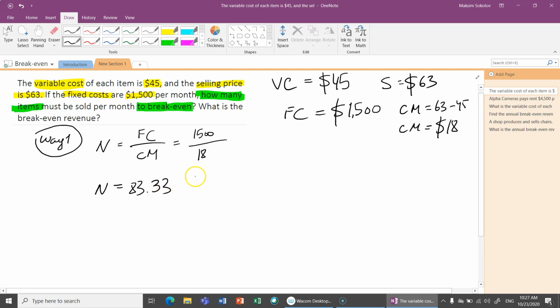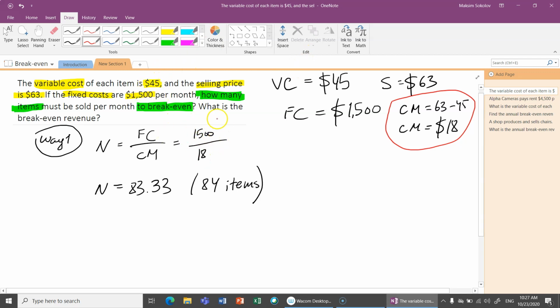So what we'll be doing, we'll round this number up and we'll say that it's going to be 84 items. So we will break even when we sell 84 items. And once again, what that means is that as soon as we sell 84 items, we'll pay off this fixed cost, which is $1,500. Every sale will give us contribution margin, $18, and this $18 will go towards paying off our fixed costs.